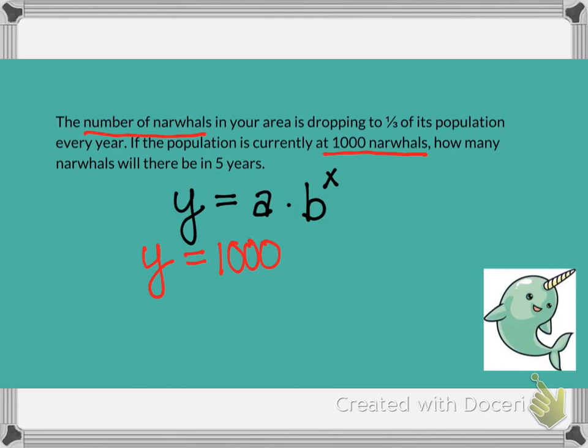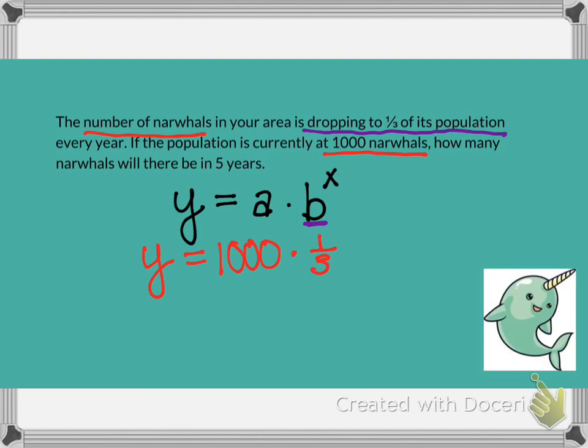My growth or decay factor, it's asking what am I multiplying or dividing by? And well, if you look at the population of the narwhals, it is dropping to 1/3 of its population every year. So we are going to be multiplying times 1/3 every single time.